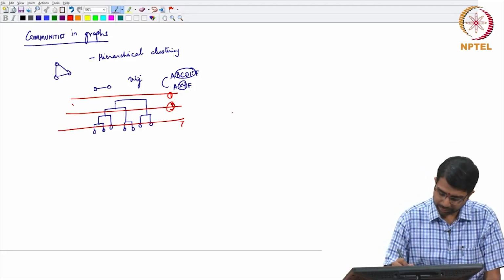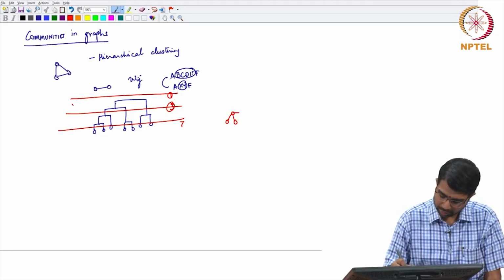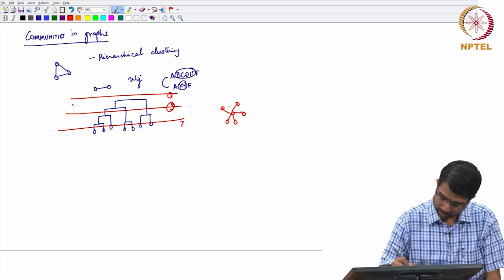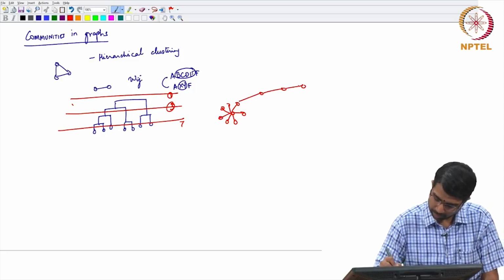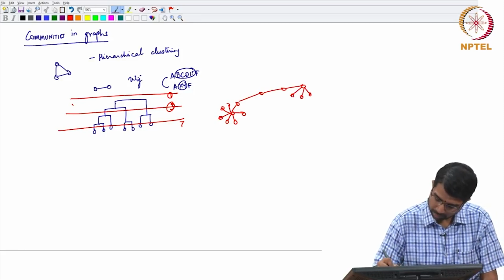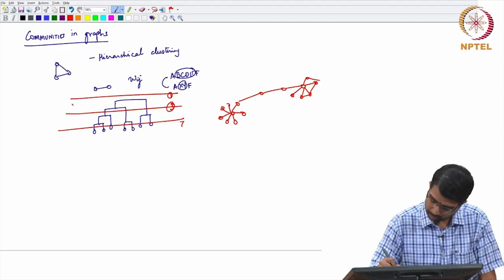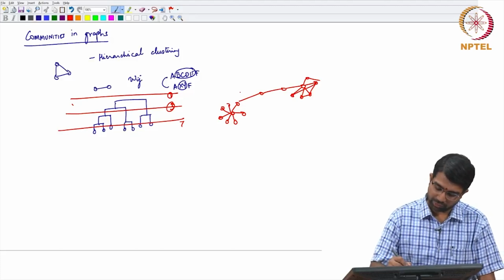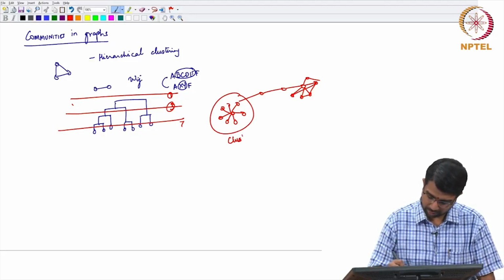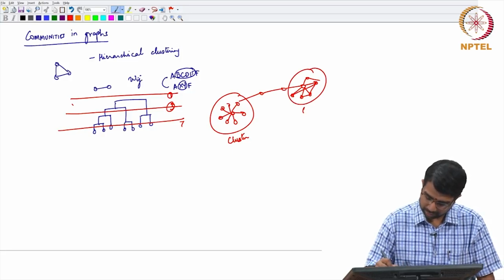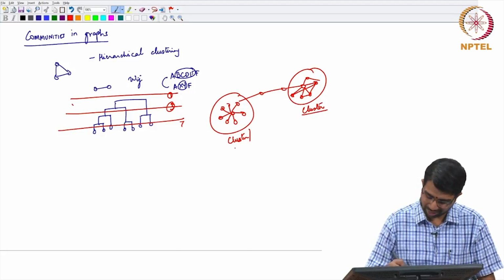But the thing is, you may find that this is actually truly a cluster, right. This is a cluster or community.